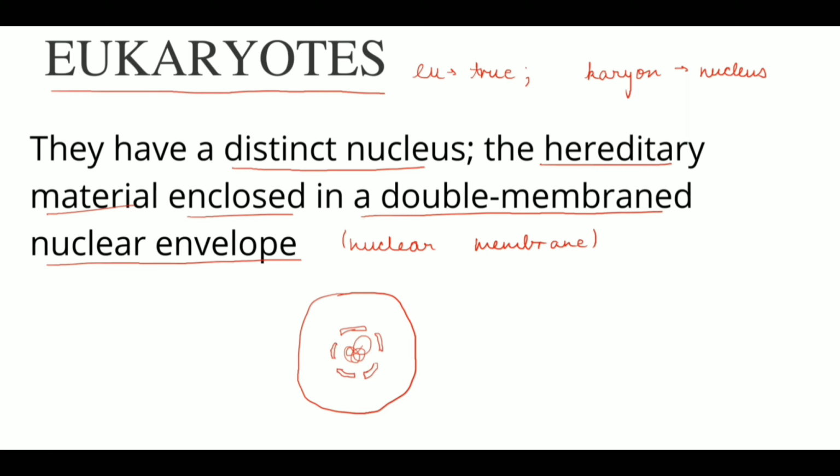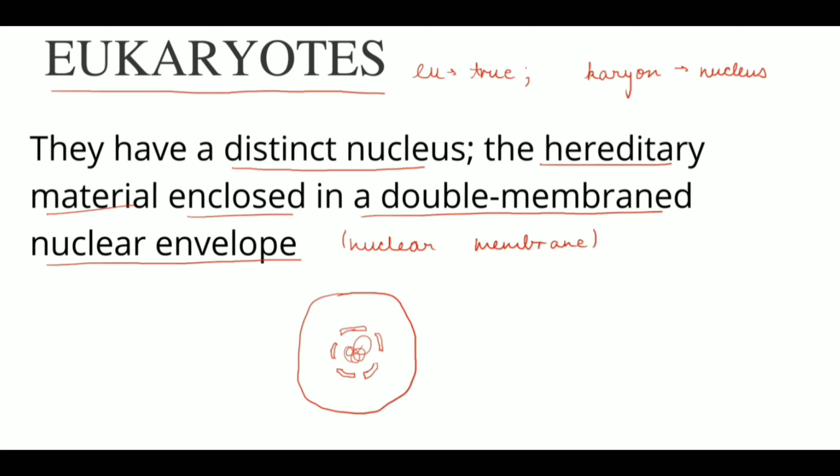Okay, so we could see that there is a distinct entity, and in this distinct entity, that is nucleus, is the hereditary material or the genetic material enclosed, which was not the case in prokaryotes. It was lying in contact with the cytoplasm, but here we could see an entity.